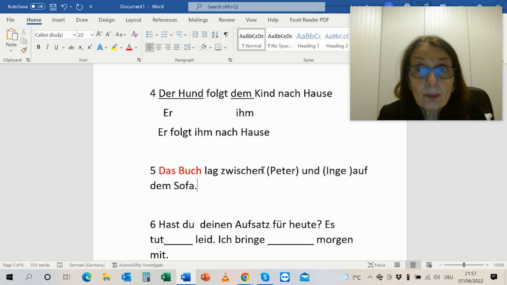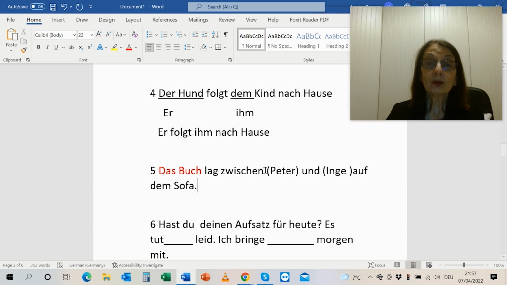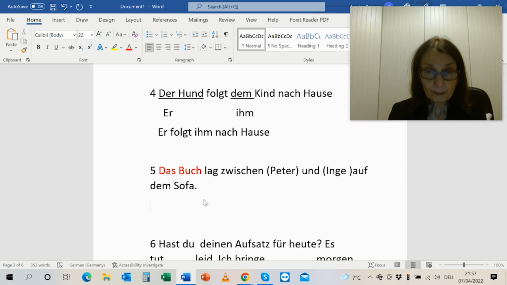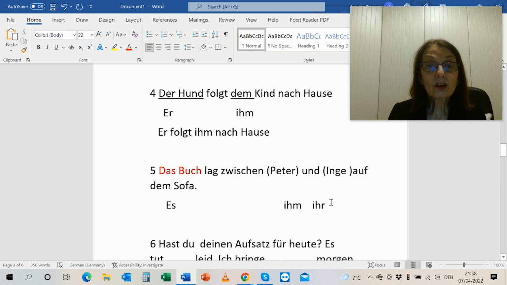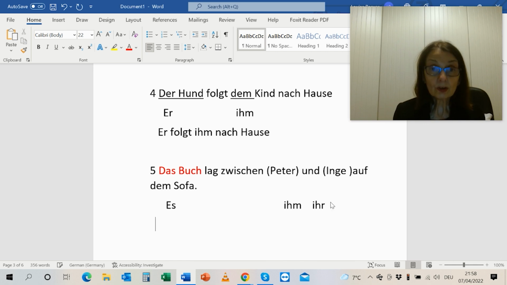If we look at Michael reads my new notes, we have the dative for Peter ending in M, and the dative for Inge, because she's feminine, ending in R. So for Peter we'll have ihm and ihr, and then auf dem Sofa. And what would we put for das Buch? We could have es. If you're doing your written work, es lag zwischen ihm und ihr auf dem Sofa.